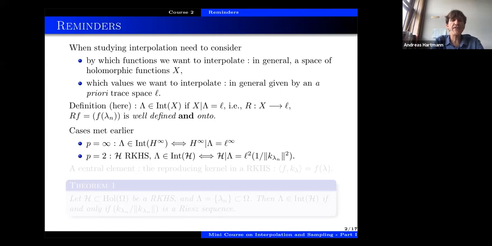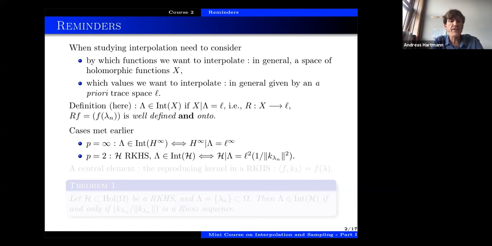So once we have fixed a reasonable sequence space little l, we will say that a sequence lambda of points in the domain omega, in which the space X is defined, is interpolating if the trace of the space is equal to this sequence space.